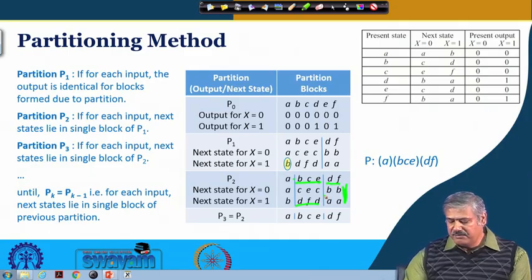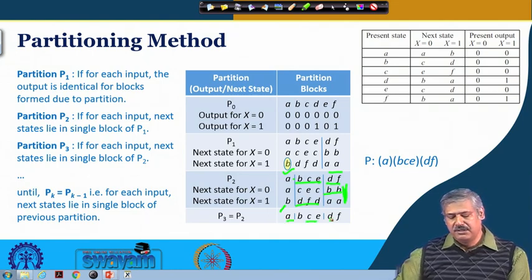For D, F it is B, B, that is this block, A, A, this is this block, okay, the first block, so no conflict again here. So no further splitting or partitioning of D, F is possible, okay. So we see that from P2 we get P3, these are the partitions, and further partition is not possible, okay.